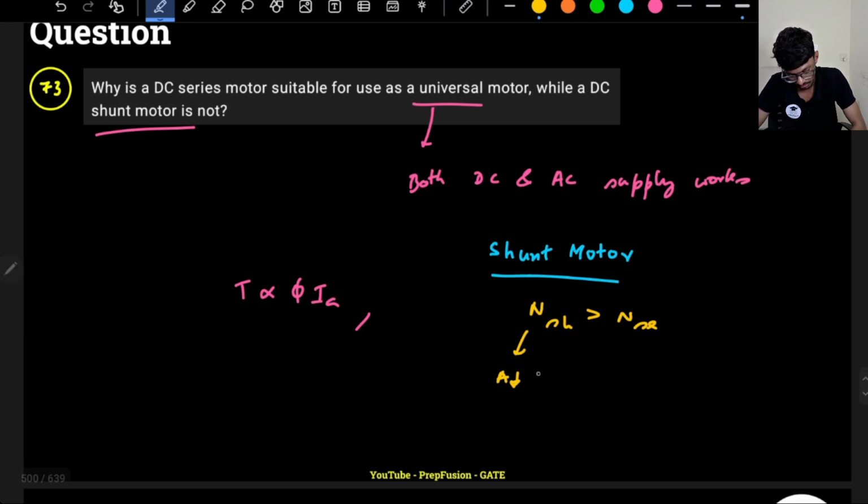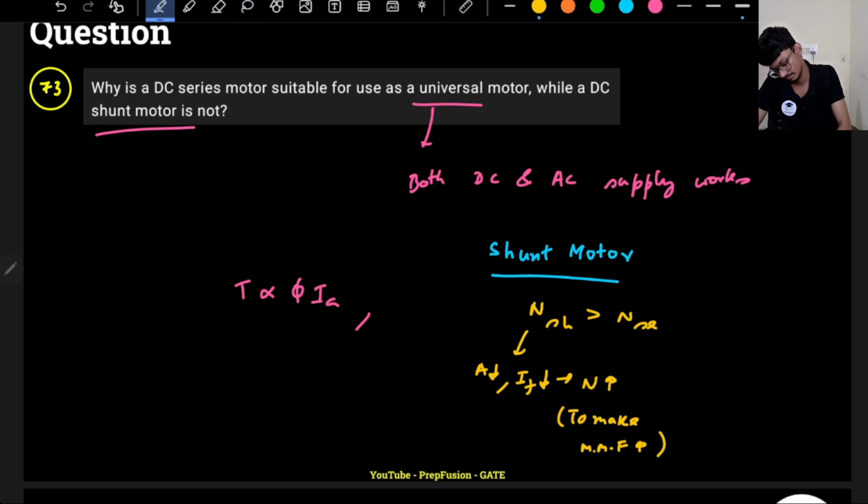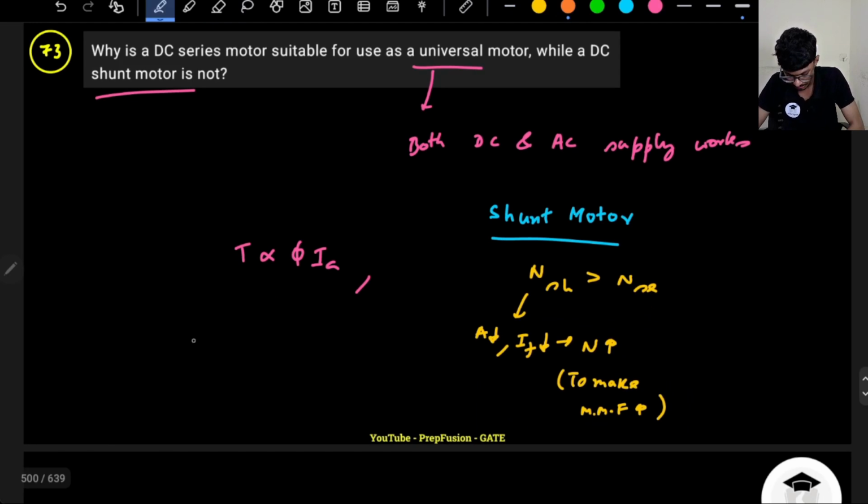If area is smaller, the field current will be lower, and it has to produce the same amount of mmf, so my number of turns should be higher to make mmf higher. So now one more formula we know, that is the inductance formula.